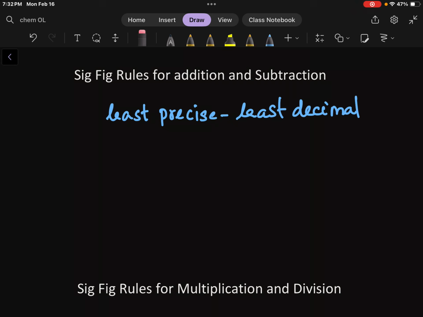Let's see. If you are adding 1.23 plus 2.1, when you add those numbers you will get 3.33.